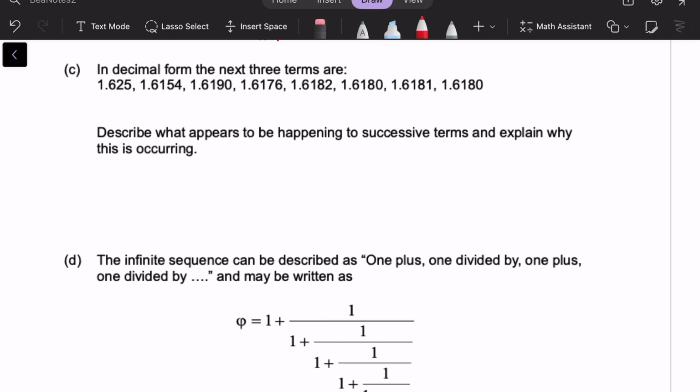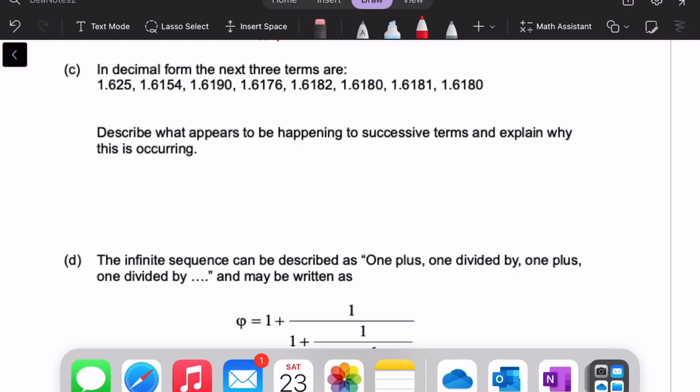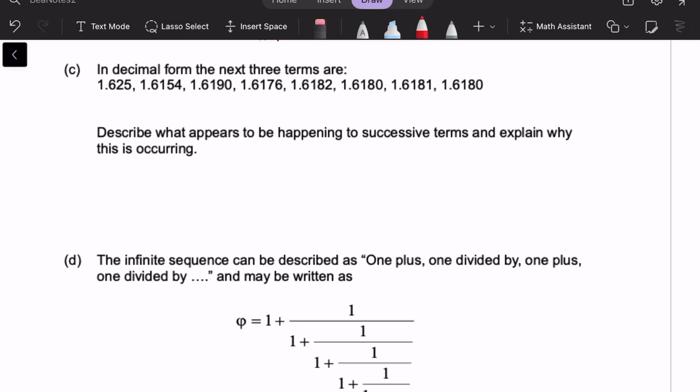Now, in decimal form, the next 3 terms are, well, those. Describe what appears to be happening to the successive terms and explain why this is occurring. Because I need to explain why this is occurring, I'm going to revisit this question after I finish this section, just because it's easier to explain afterwards.